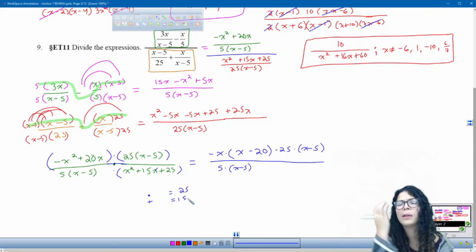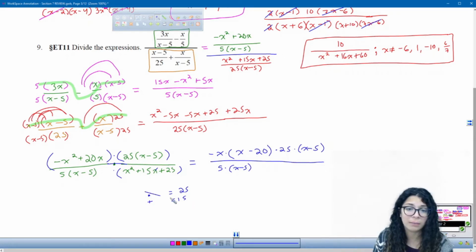The only things that multiply to 25 would be 1 and 25, and 5 and 5. So there is nothing. Okay, so this denominator is just going to stay like that: x squared plus 15x plus 25.